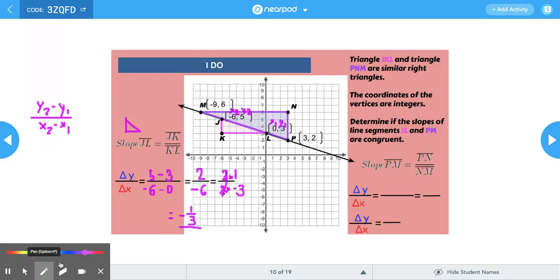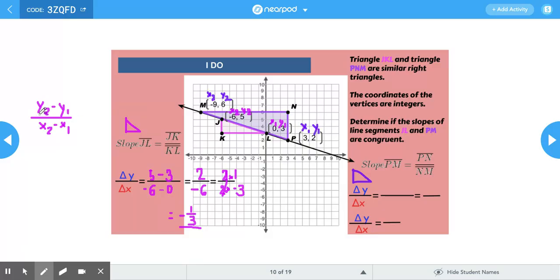And then for the purple triangle, which is the slope of PM, we're going to label the points for M and P. So negative 9 we're going to say is x2, 6 we're going to say is y2, 3 we're going to say is x1, and 2 is going to be y1.